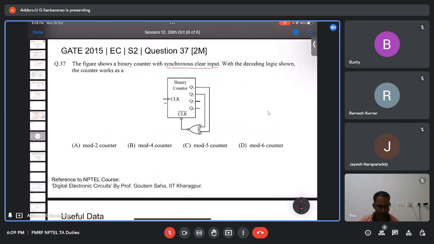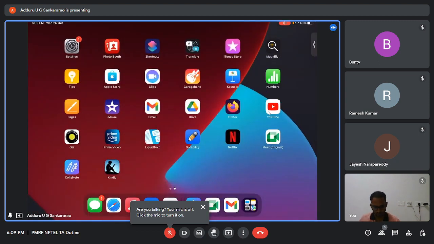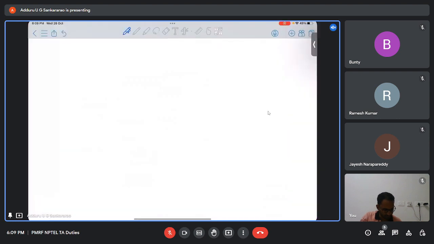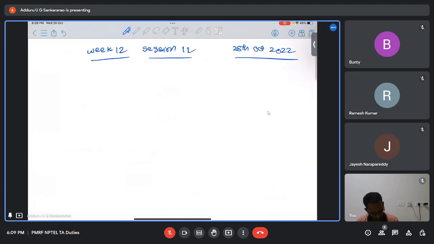We need to comment on what the modulus of the counter is. First of all, let us discuss something about counters, then we will come back to this question.